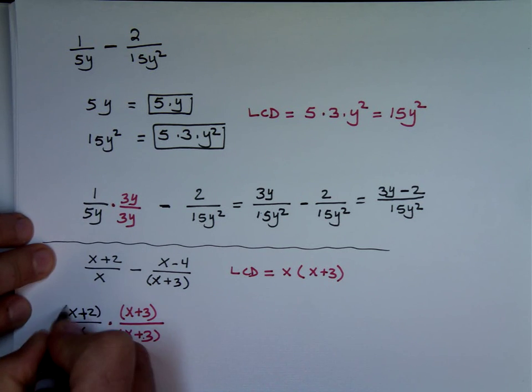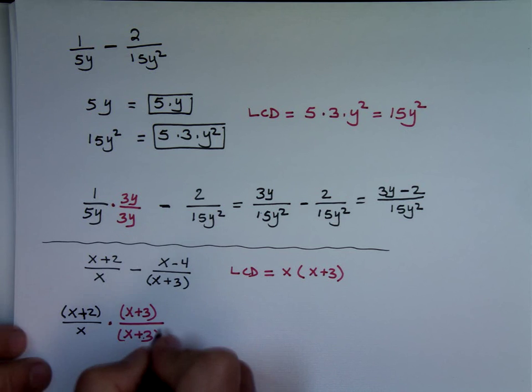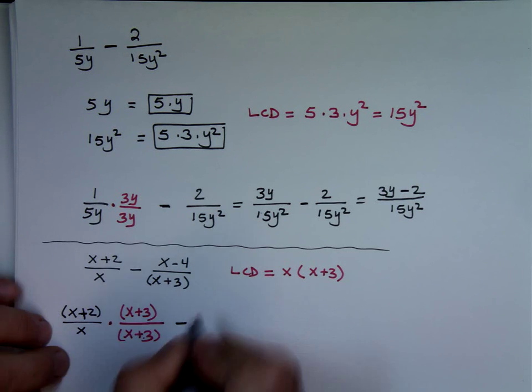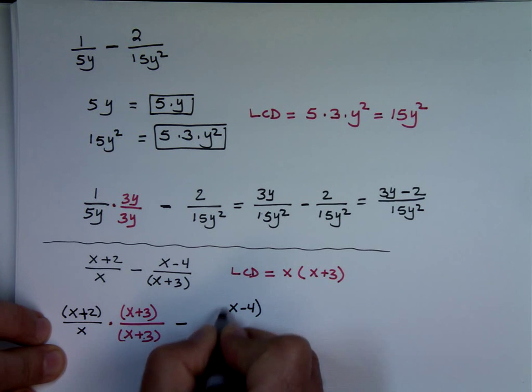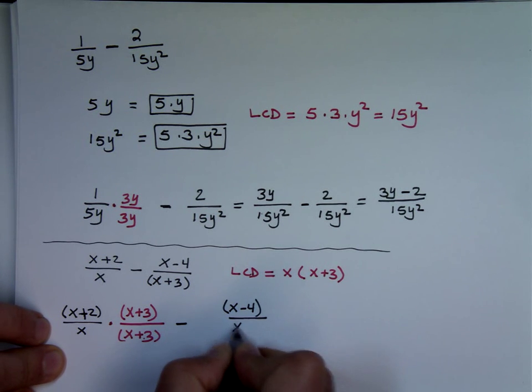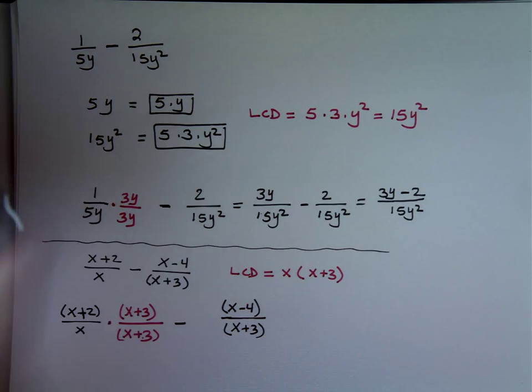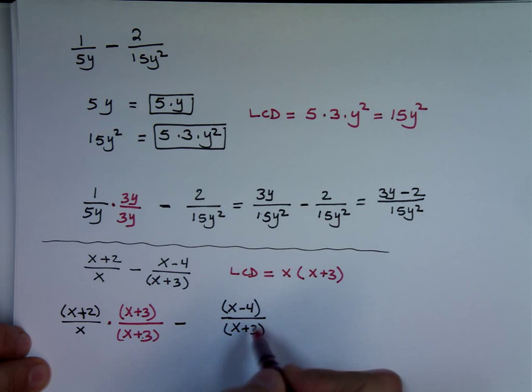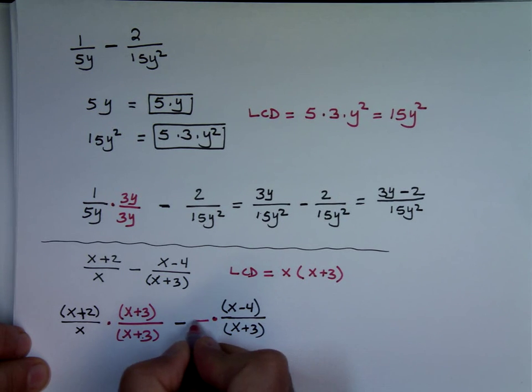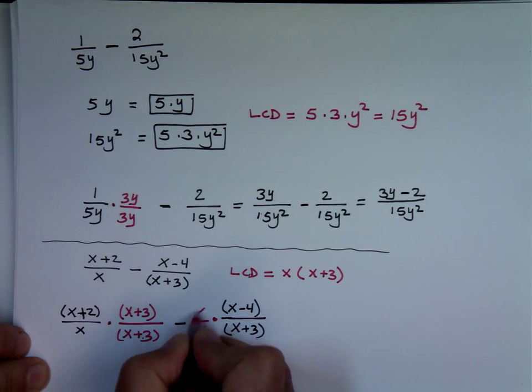Here's the minus. And I'll leave a space here, x minus 4 over x plus 3. Again, I need to make this look like this. What's missing from it is the x. If I multiply the top and the bottom by x, I will have x times x plus 3.